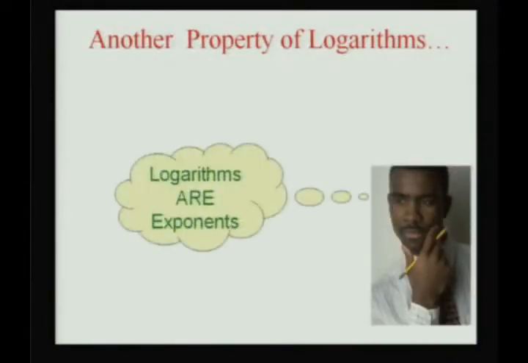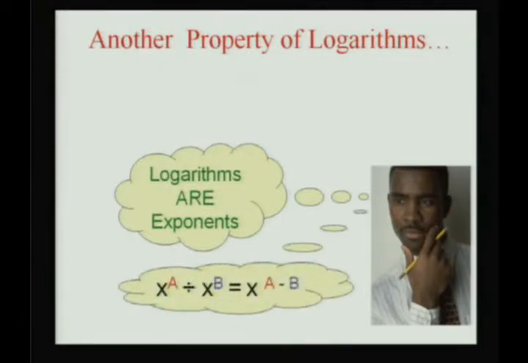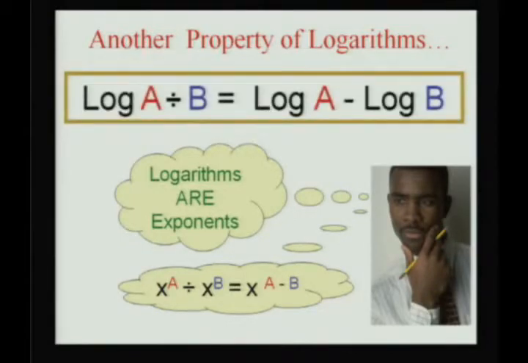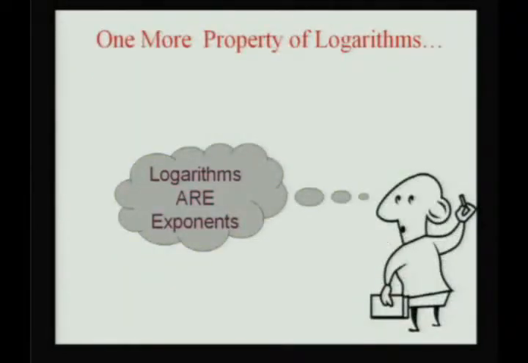Another property, since logarithms are exponents, is that when you divide numbers with exponents, you subtract the exponents. Okay, so that's going to be a property of logs. When you divide the numbers, you subtract the logs. So since logarithms are exponents, they have the same properties.